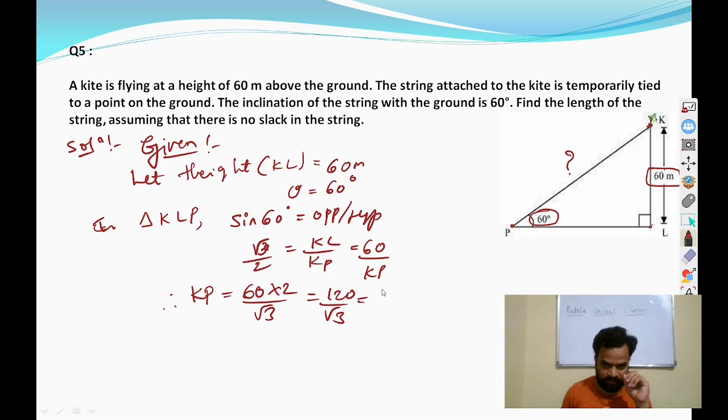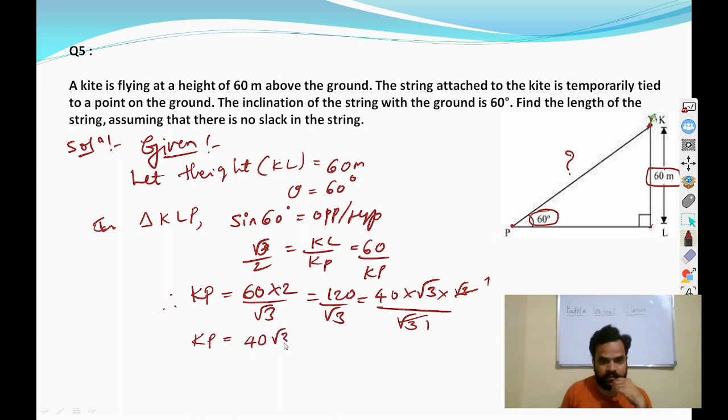So what I will write? I will write this as 40 into 3. 40 times 3 is 120. So this 3 can be now written as root 3 into root 3 whole divided by root 3. Root 3 and root 3 cancel, and the answer for KP is equal to 40 root 3 meter. 40 root 3 meter.